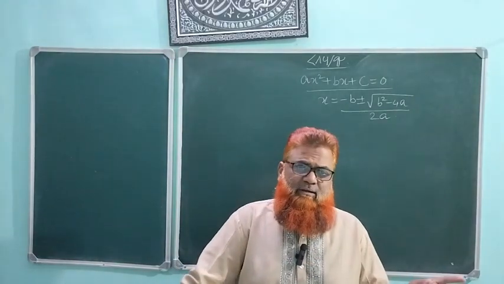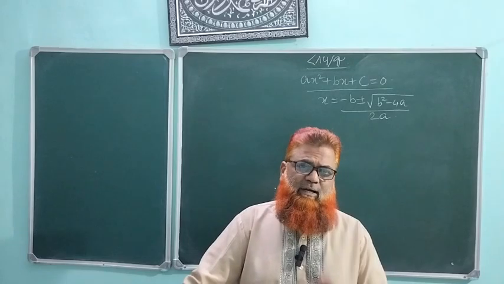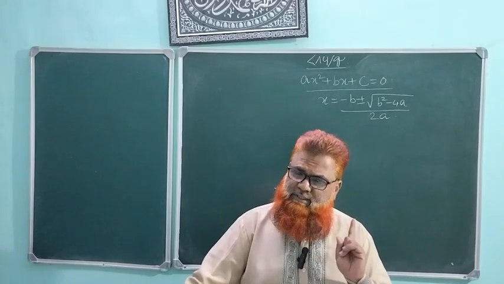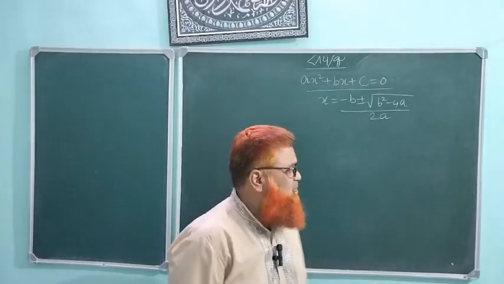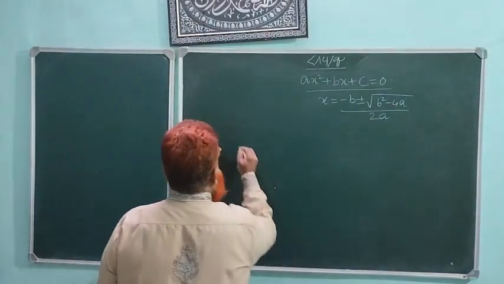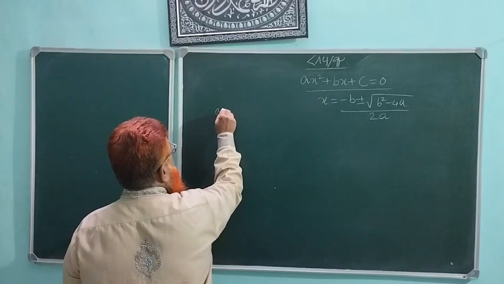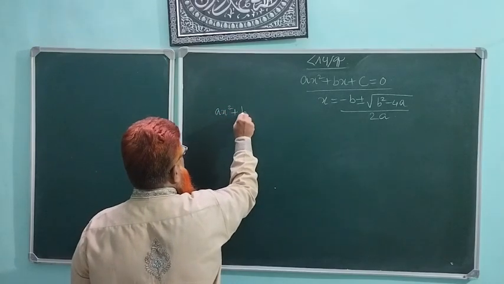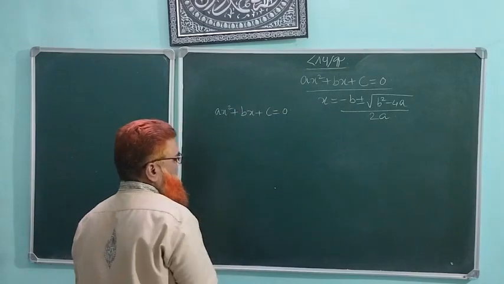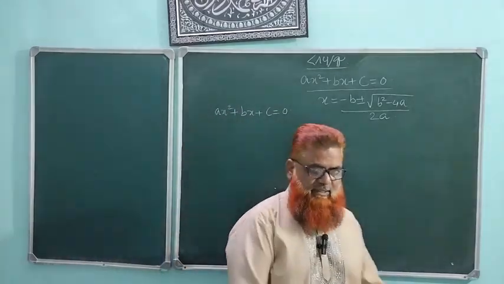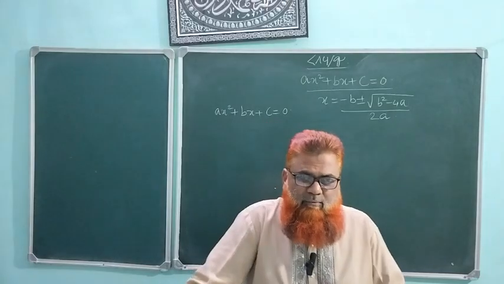Now, there is another method which we can use to derive the same formula. What's the method? Just follow it now. First, we should take the general form of a quadratic equation, ax square plus bx plus c is equal to 0. Here the variable is x, in degree 2 and degree 1.